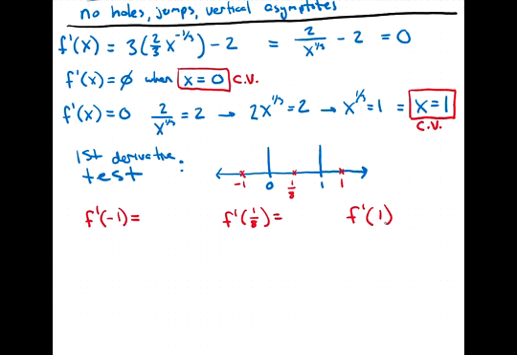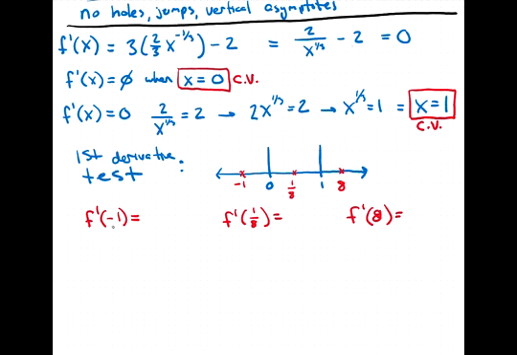Oh, sorry, not 1. Let's use 8 there. We can't use 1. 1 is already the critical value, so let's use 8. All right, so we're plugging these values into the derivative, which is 2 over x to the 1/3 minus 2.